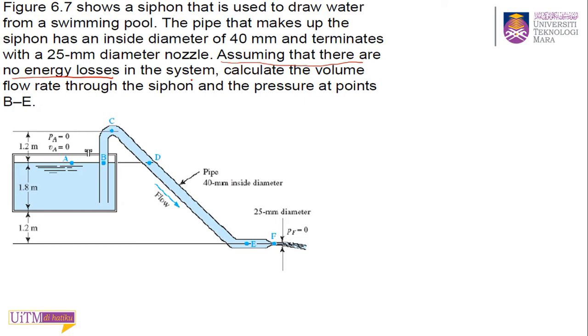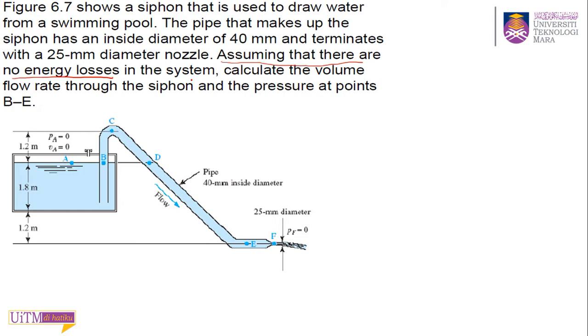You can apply it, but you need to consider the energy loss. That's why normally in questions they will state that assuming there's no energy loss, because all of the conditions that we have discussed before need to be met to use the Bernoulli equation.